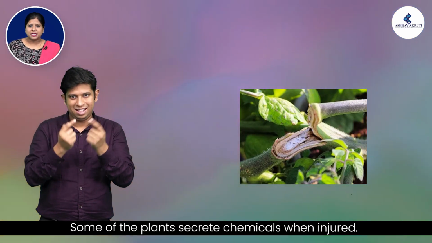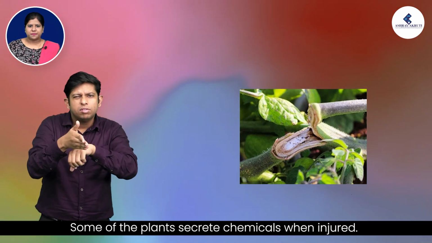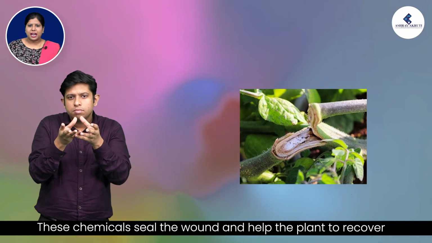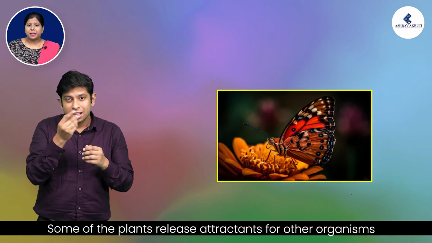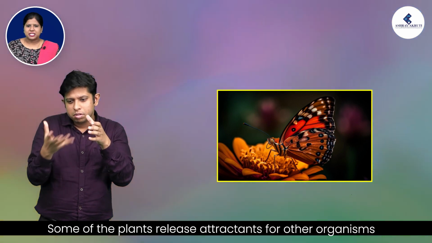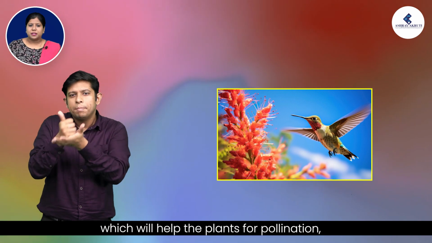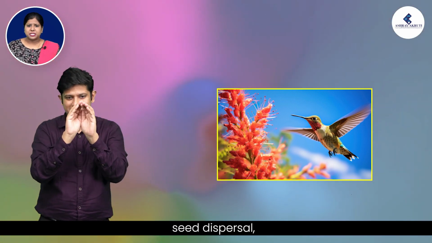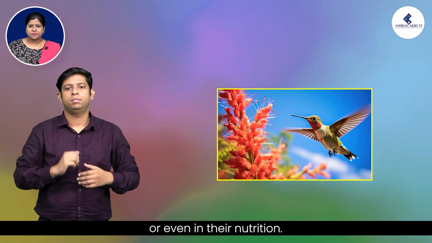Some of the plants secrete chemicals when injured. These chemicals seal the wound and help the plant to recover from an injury. Some of the plants release attractants for other organisms which will help the plants for pollination, seed dispersal, or even in their nutrition.